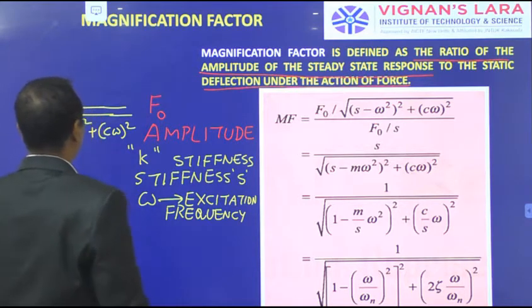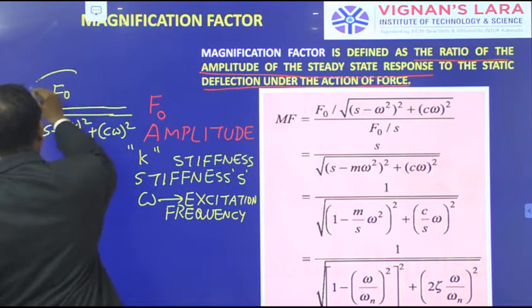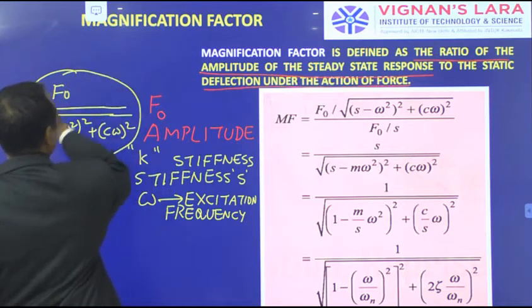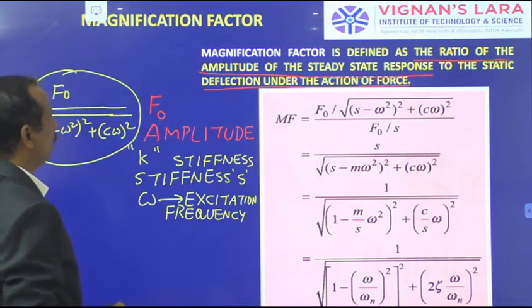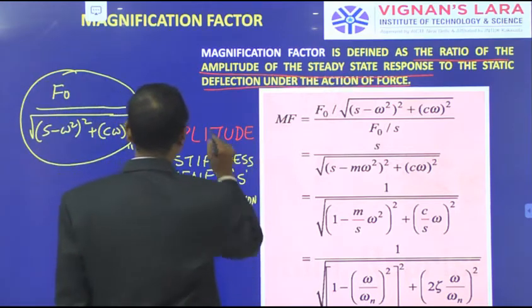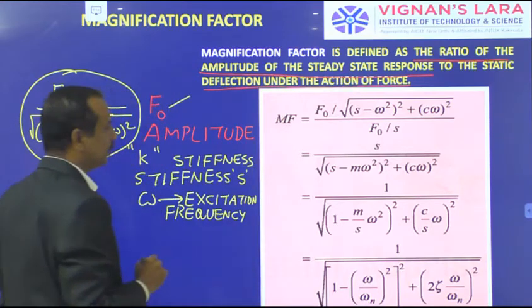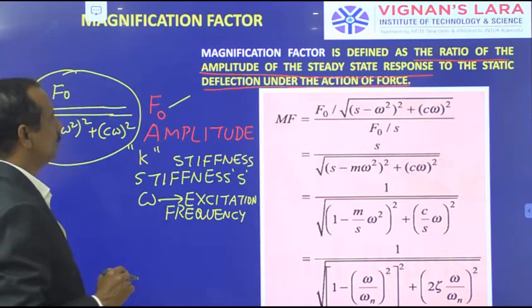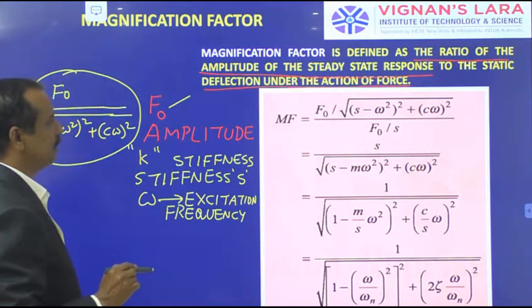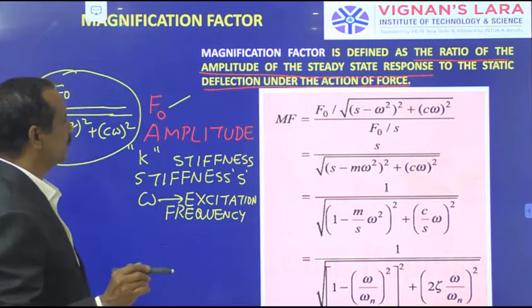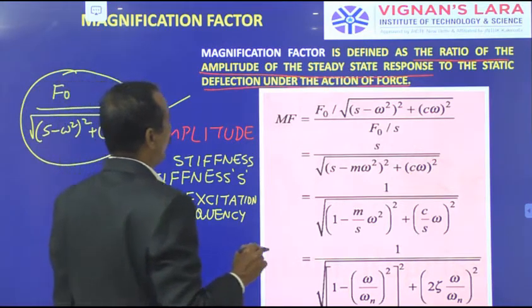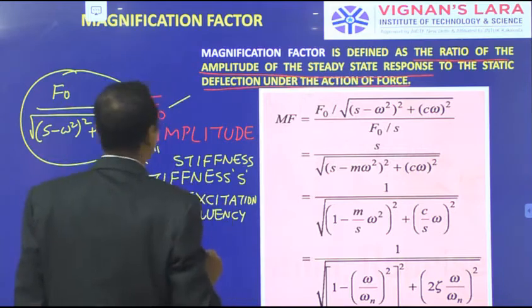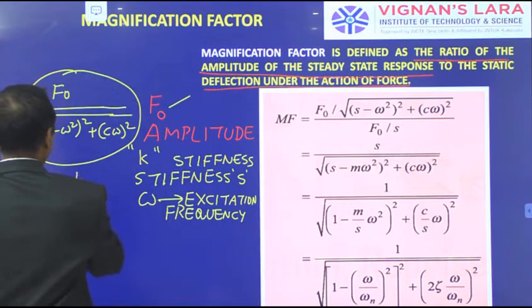This gives the amplitude of the vibration under the steady state response. And if I apply the same force f naught on that system, assuming it is not dynamic in nature but static, then I get the deflection given simply by f naught by s.